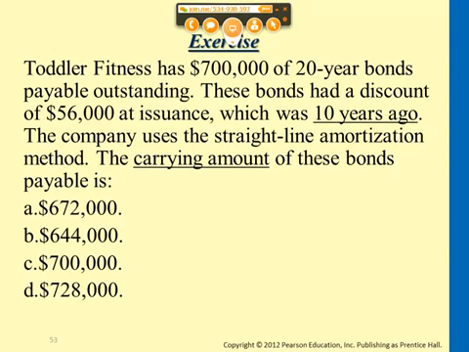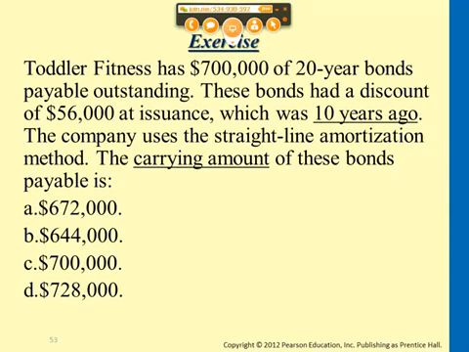So for this problem, at the time point when the company issued the bond, what is the carrying amount at that time? You know, face value is $700,000, you know the discount. So at that time, the carrying amount would be $700,000 subtract the $56,000, right?